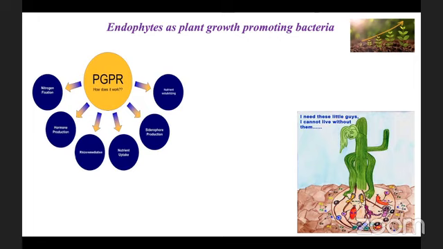Now, these main effects of endophytes are used as plant growth promoting potential, that is nitrogen fixation, phosphate solubilization, hormone production, and remediation. These are the main attributes of plant growth promotion.